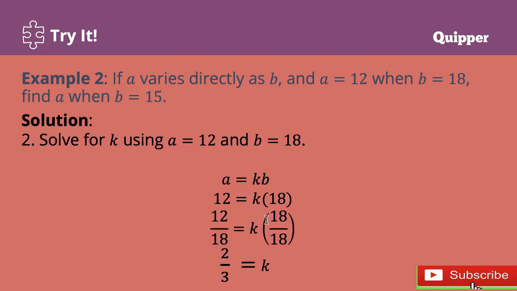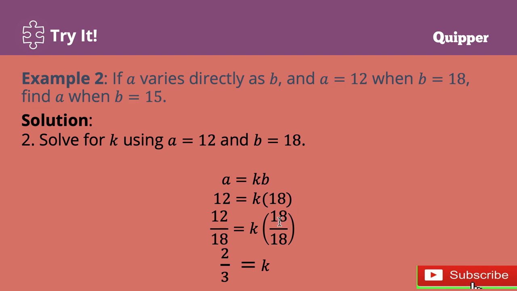Then, solve for k using the given a is equal to 12, b is equal to 18. We have 12 is equal to k times 18. Then divide both sides by 18 to find the value of k.